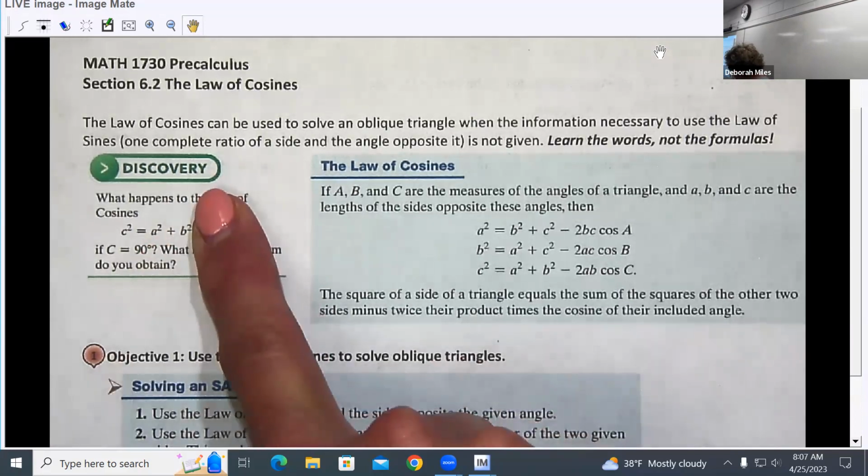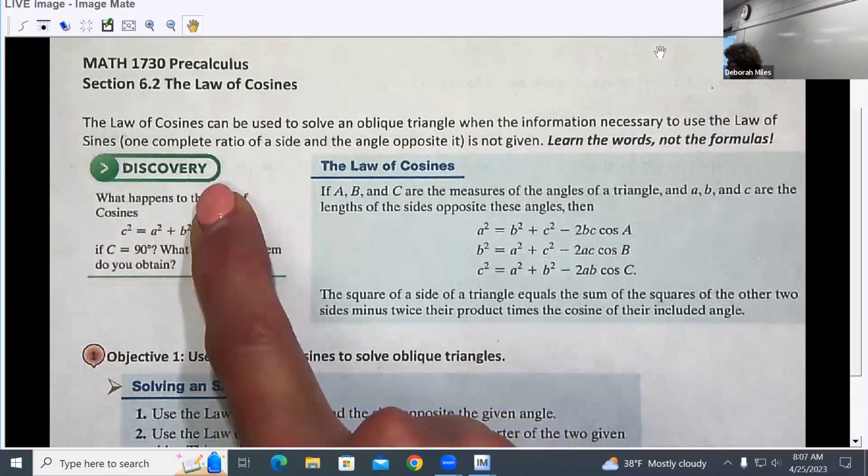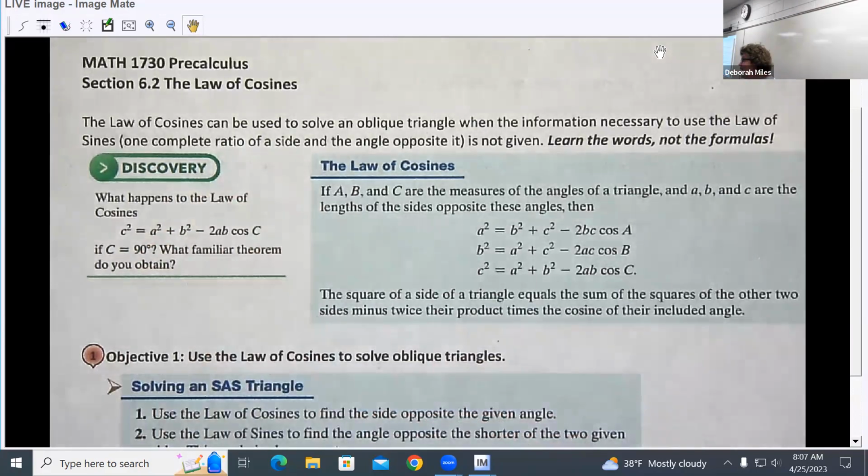So that last term is gone, and you just have what famous theorem? The Pythagorean theorem. So the law of cosines works, as does the law of sines, on right triangles as well as oblique triangles. You just don't have to use either of those for right triangles. All right, so objective 1.